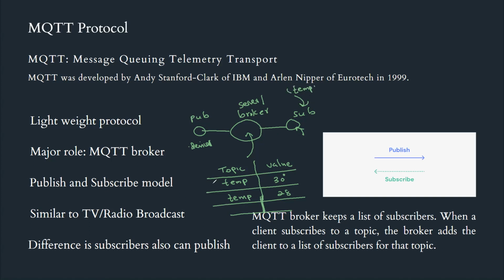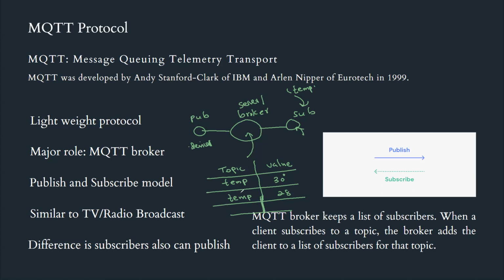So this kind of communication that happens between a publisher and subscriber with the support of an MQTT broker in between is known as the MQTT protocol. The main difference here is that the MQTT broker is tabulating, or creating a table of topics and values that are received by it.